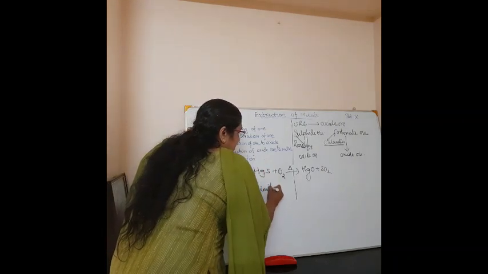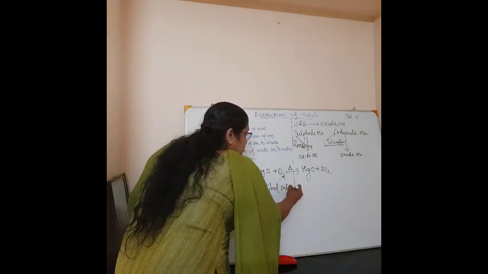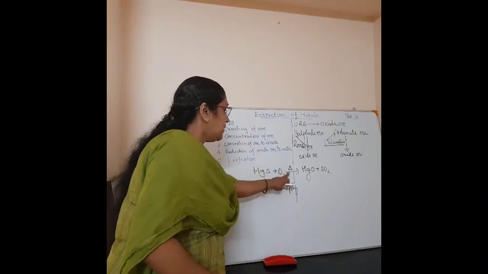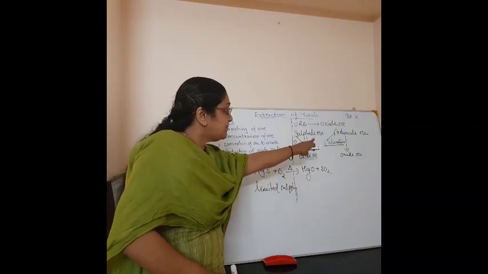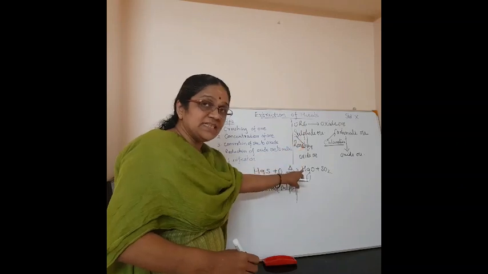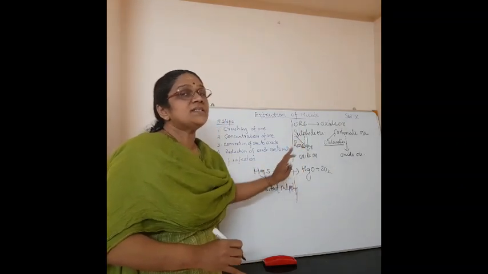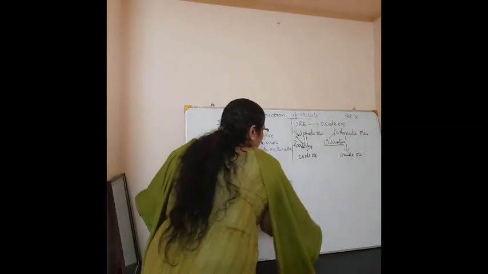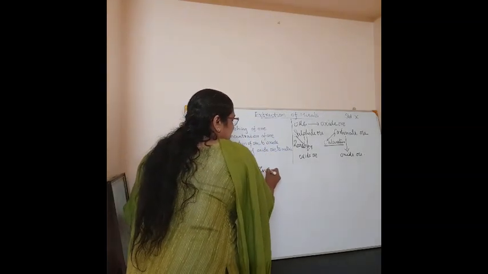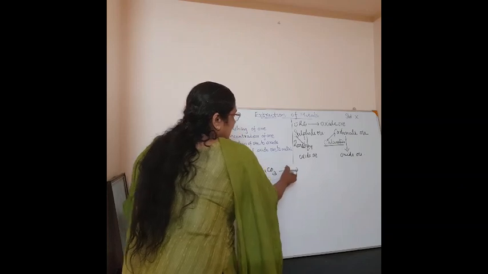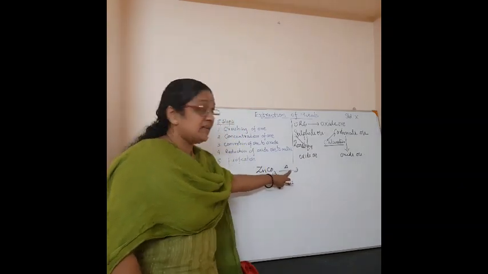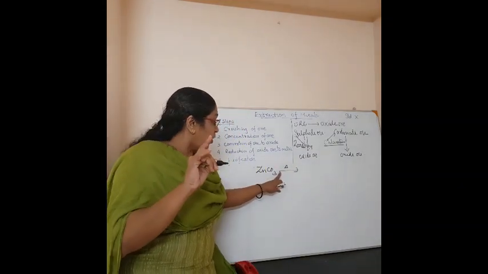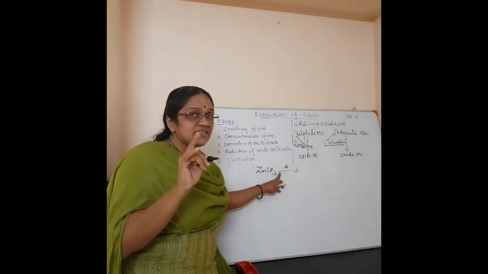Here also you are heating. Calcination means it is also heating, but in a limited supply of air. For example, a carbonate ore, zinc carbonate, I am only giving heating, I am not giving oxygen. That is the difference.